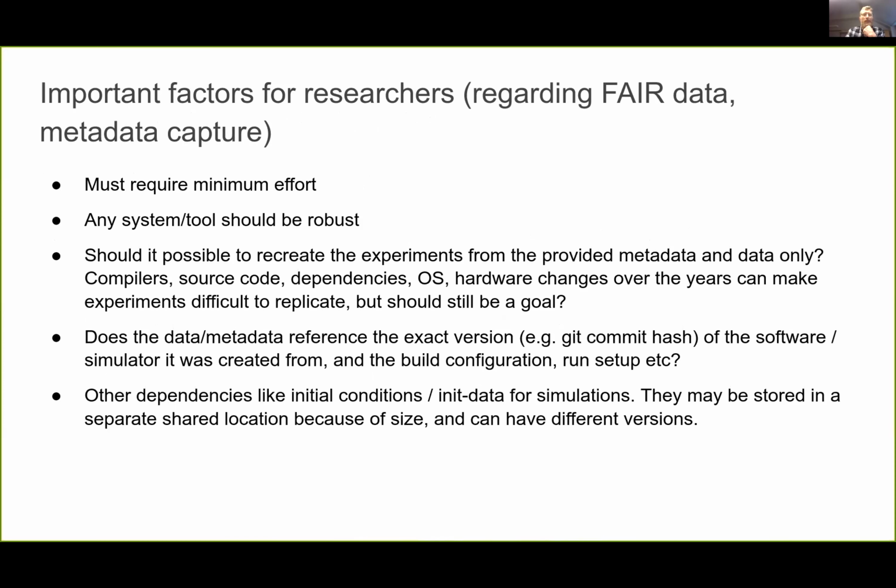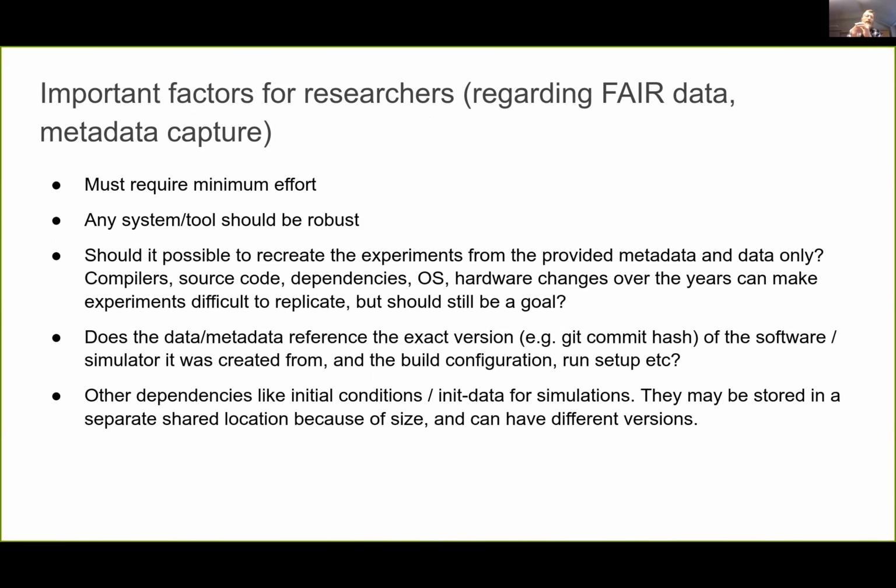So these are important factors for researchers that we could come up with, but again, please help us out here and give us your thoughts as well. One thing is that to work towards FAIR data and metadata capture, it really must require, I think, a minimum of effort. That's not to say that researchers are lazy or aren't interested in this sort of stuff or don't think it's important.